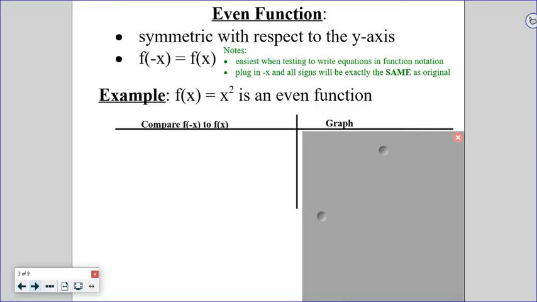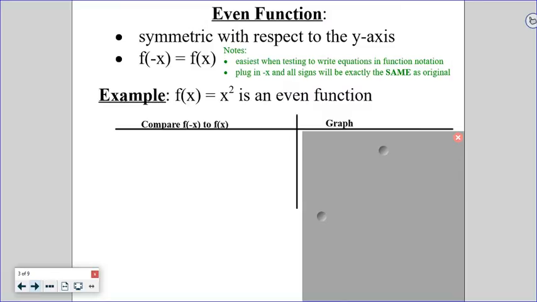Now, I think the easiest way to test even and odd functions is to write your function in function notation, not y equals. So I would rewrite all of them as f of x instead of y equals if it starts out as a y equals. And then you're plugging in negative x.